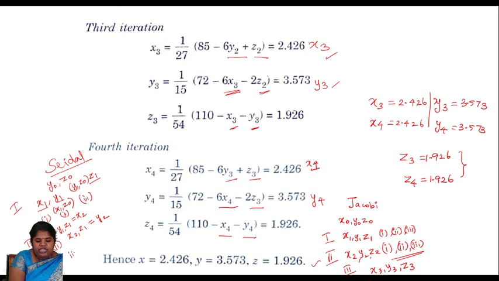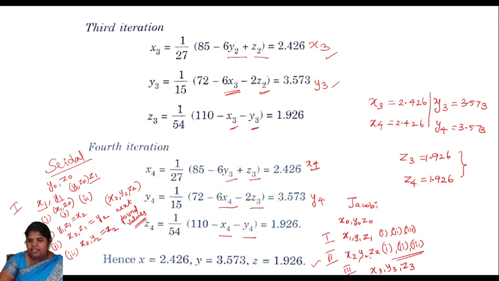In equation 3, we should replace x2 and y2 to obtain z2. So, in the second approximation, we obtain x2, y2, z2. So, the newly found values are substituted to find the next values. So, this is the difference between the Gauss-Seidel and Gauss-Jacobi methods.